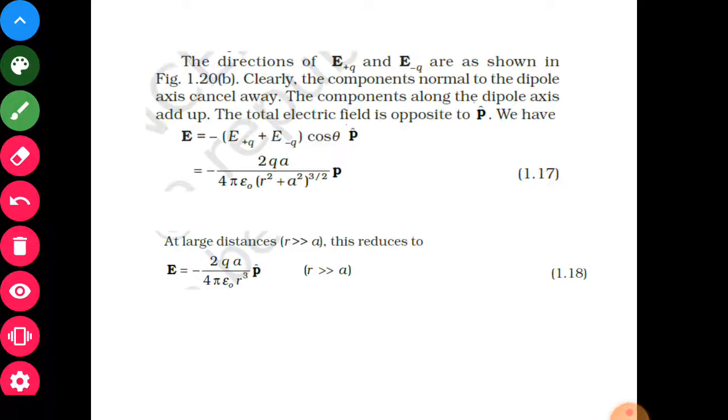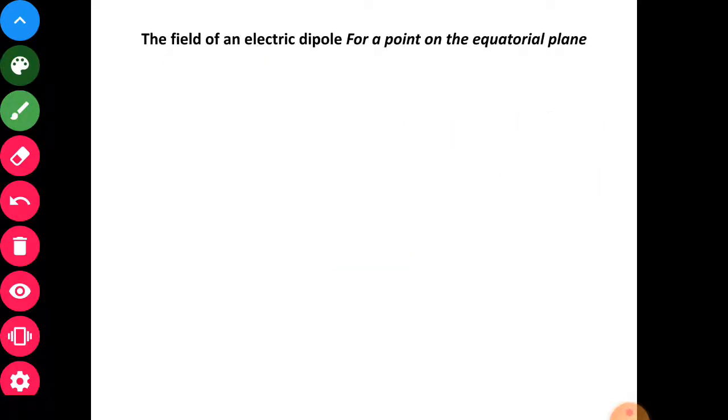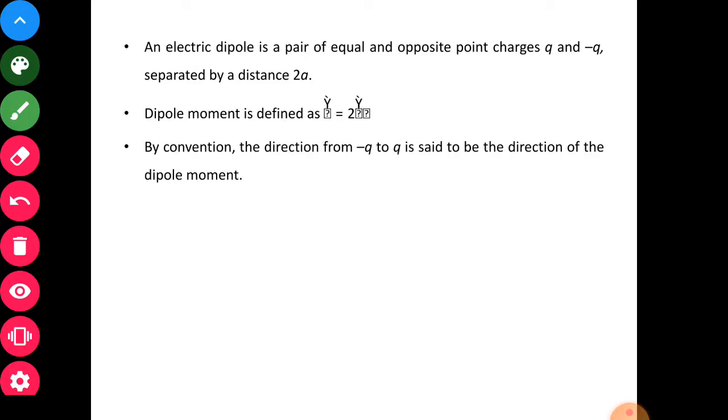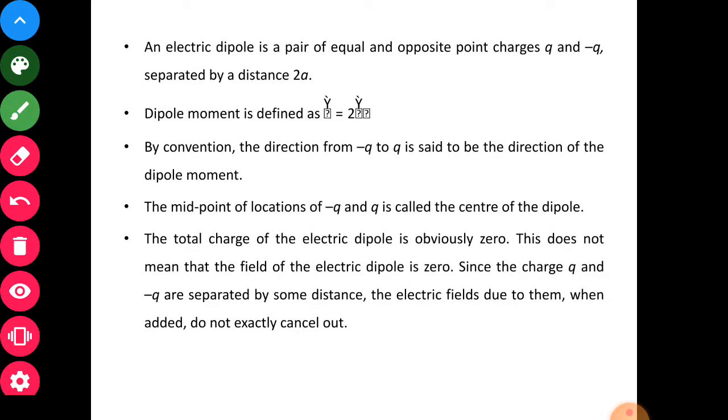The last time we saw that the electric field of the dipole on the axis is in the direction of the dipole moment, while the electric field on the equatorial point is found to be in the opposite direction of the dipole moment. Okay, thank you.